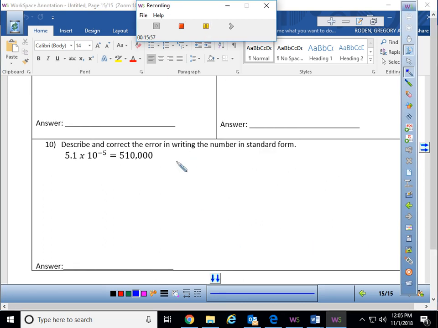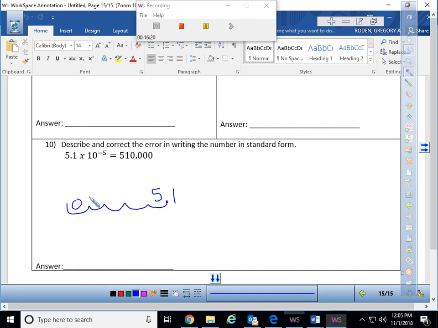Okay, so what's the error here? I think it's pretty obvious. It's a negative exponent, so what they should have done is scoop-de-loop the other way. So they need to scoop-de-loop to the left, not to the right, because it's negative. So it would be 1, 2, 3, 4, 5.